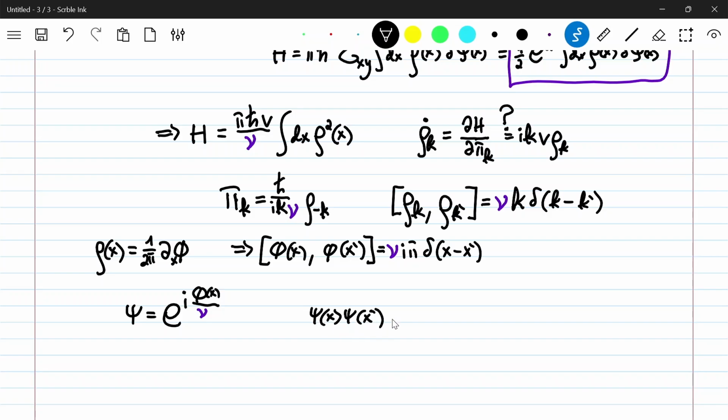If I'm writing psi of x times psi of x prime, if it's a fermion, I must get a minus sign if I interchange them, right? The question is, do I get it? Let's just do the algebra. I don't do the algebra, I just tell you what you have to do.